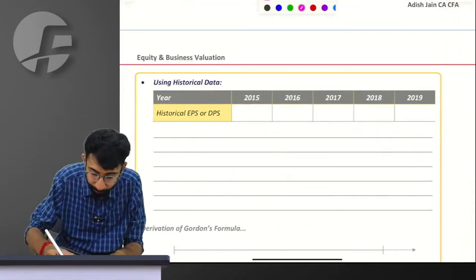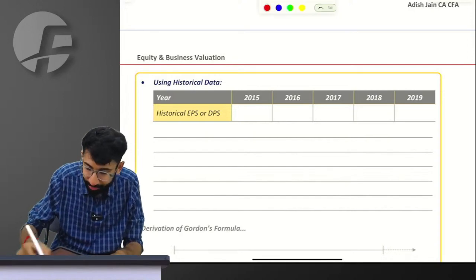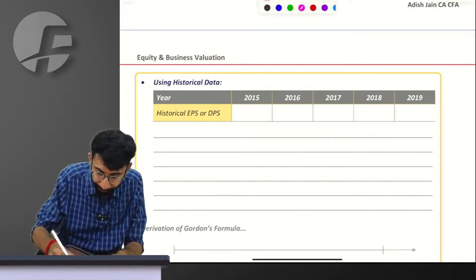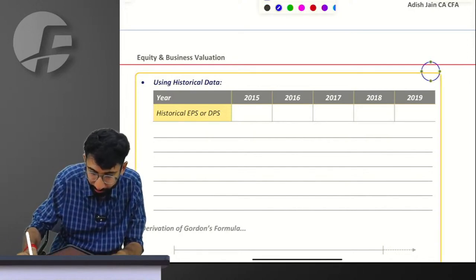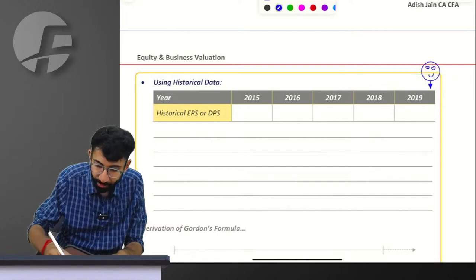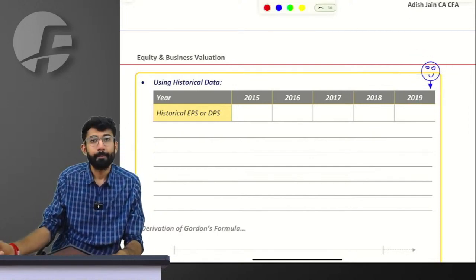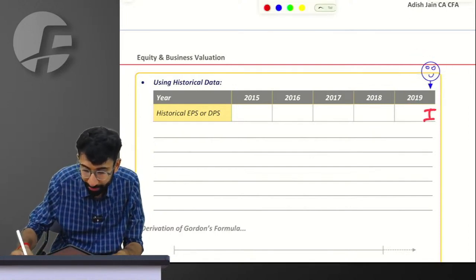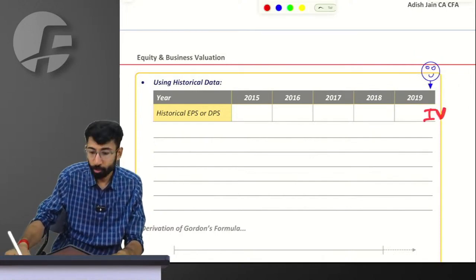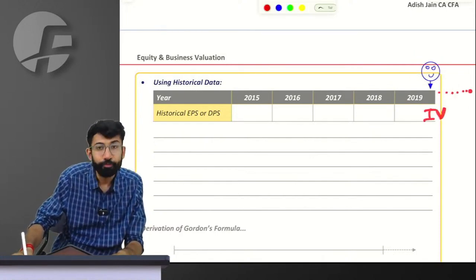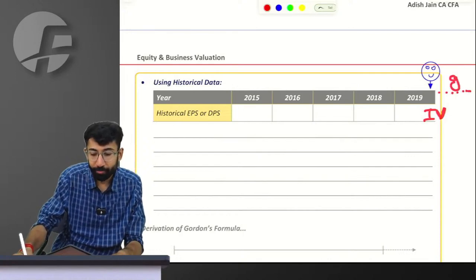Let me now teach you. Imagine that we are standing at this point. Which point are we standing? We're standing at the end of 2019. We want to obviously calculate the value of share here, for which we need the future dividends. Basically, we need the future growth rate.